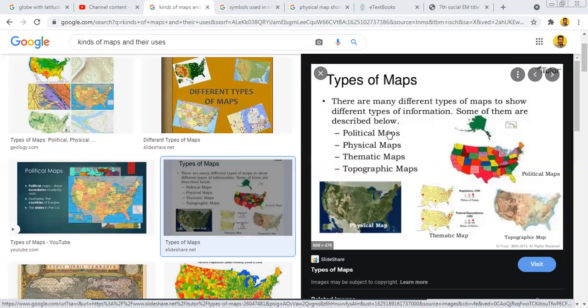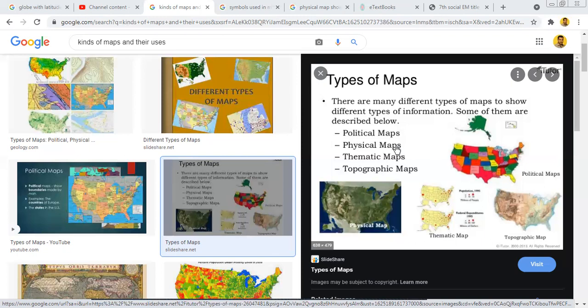Political maps explain about the nations and continents, and in the nations, the countries, boundaries of the countries, features of the country, and the area of the country. A political map also explains the districts, cities, towns, and those are shown in different colors. That is called a political map.